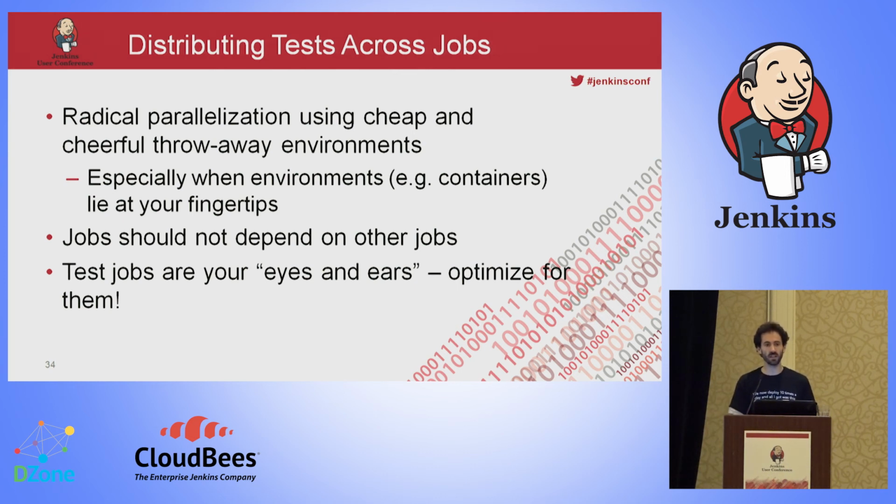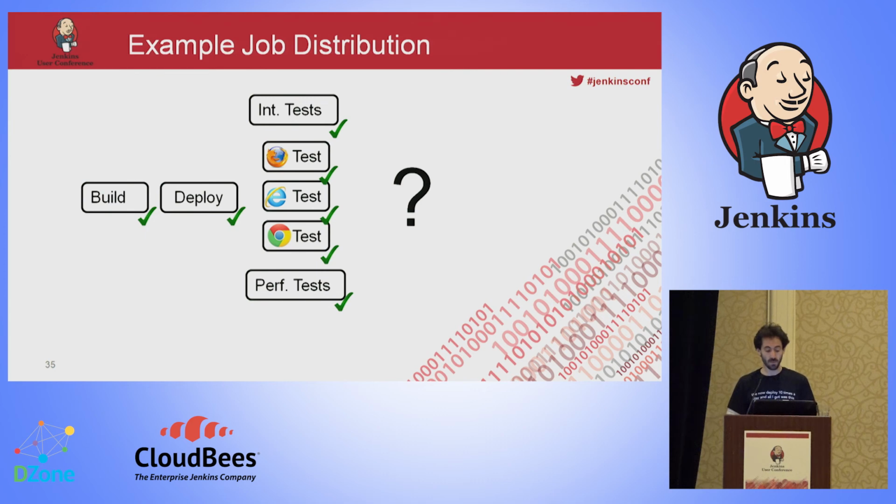But we're in an era of dirt cheap throwaway environments now, and that allows you to think about much more parallelization than you may have thought previously possible. And if you make sure your jobs don't depend on each other either, that's the Jenkins corollary of tests not depending on each other, then you can maybe even think about a test setup like this.